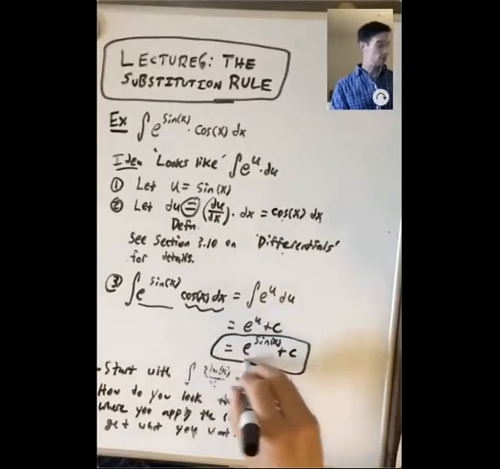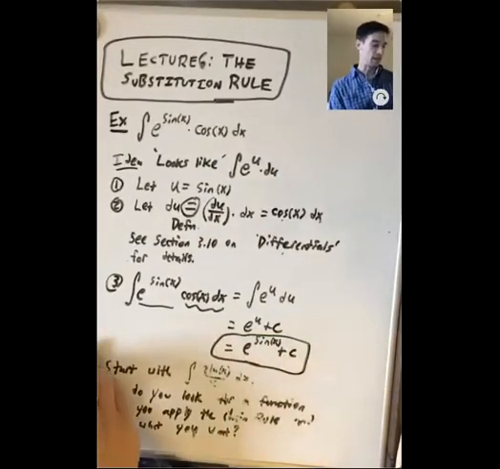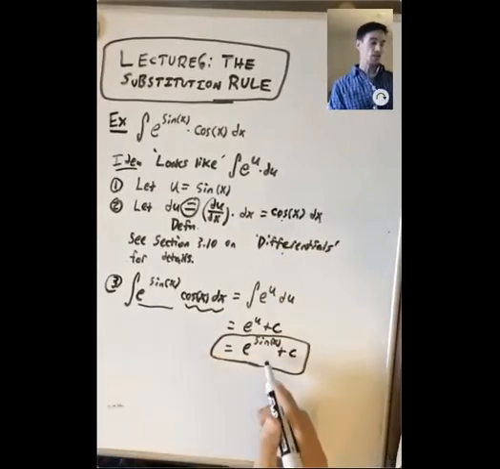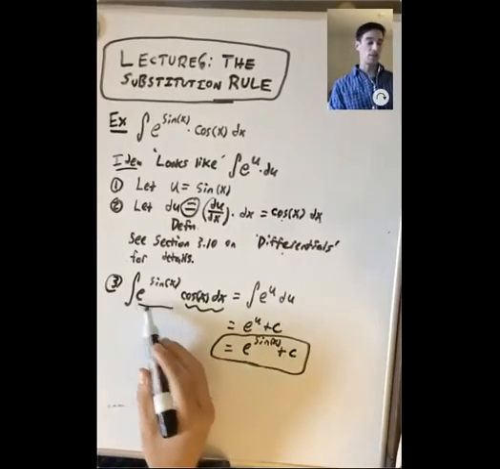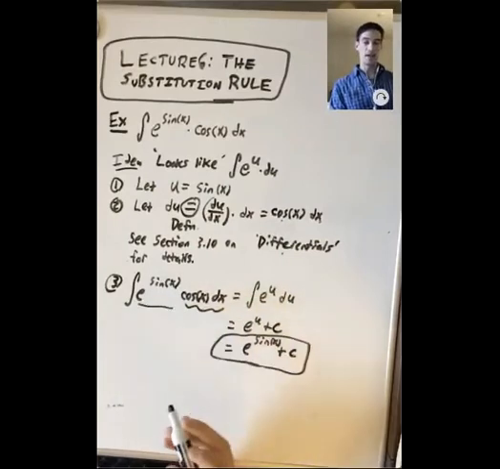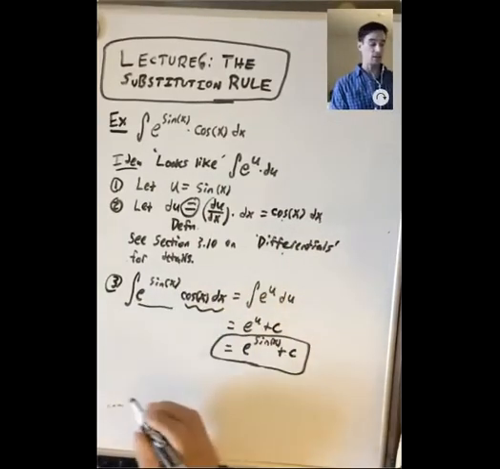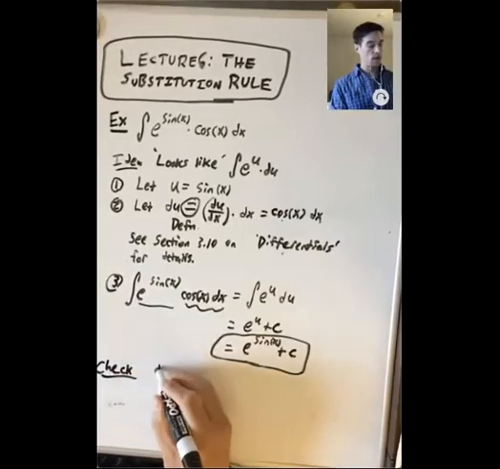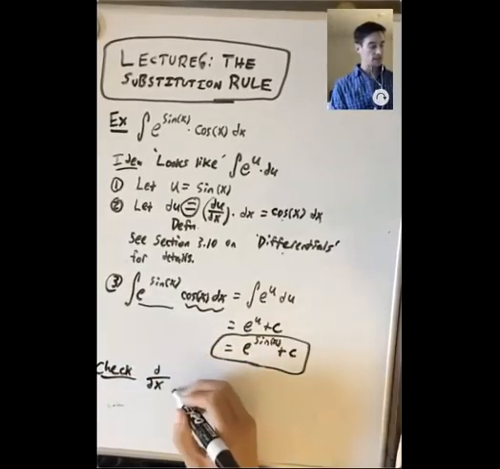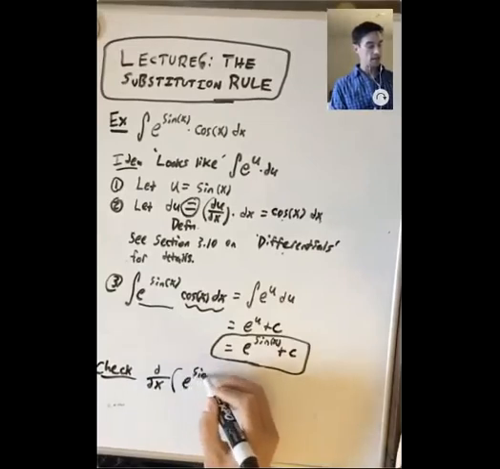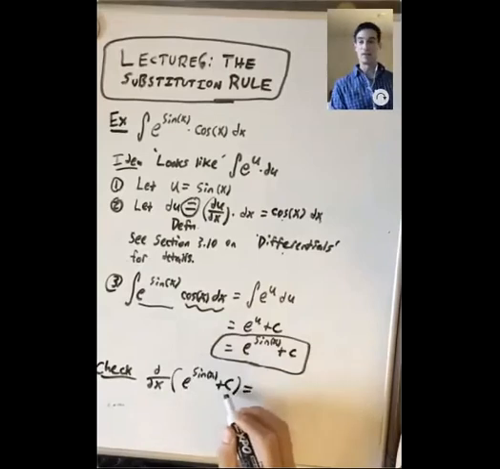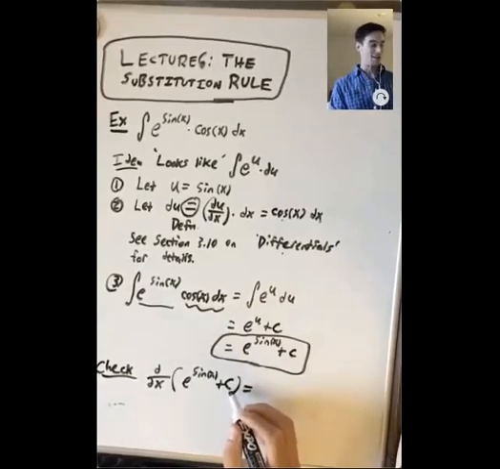Okay, so just to check that this all makes sense, we can take this function that we claim is an antiderivative of e to the sine of x cosine x and check that it actually is an antiderivative. So here's a check. What happens when you take d dx of e to the sine of x plus c? Well, c is a constant, so its derivative is 0.